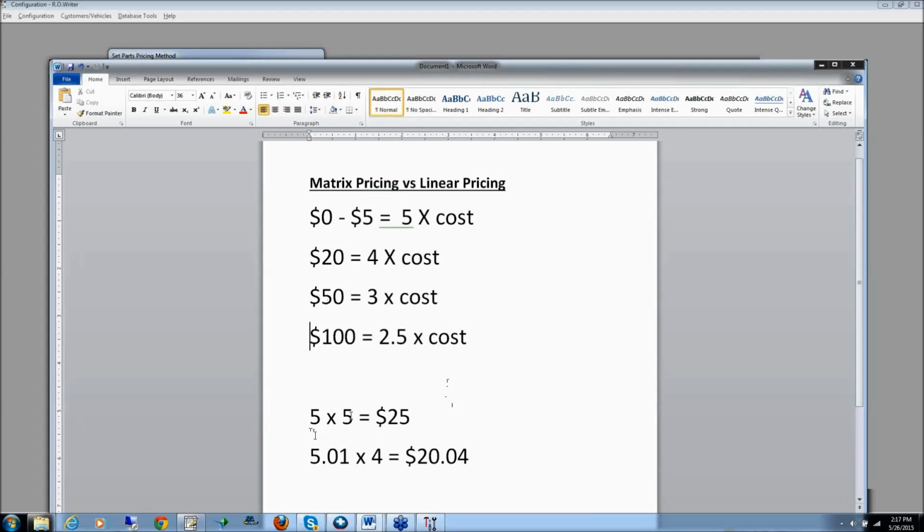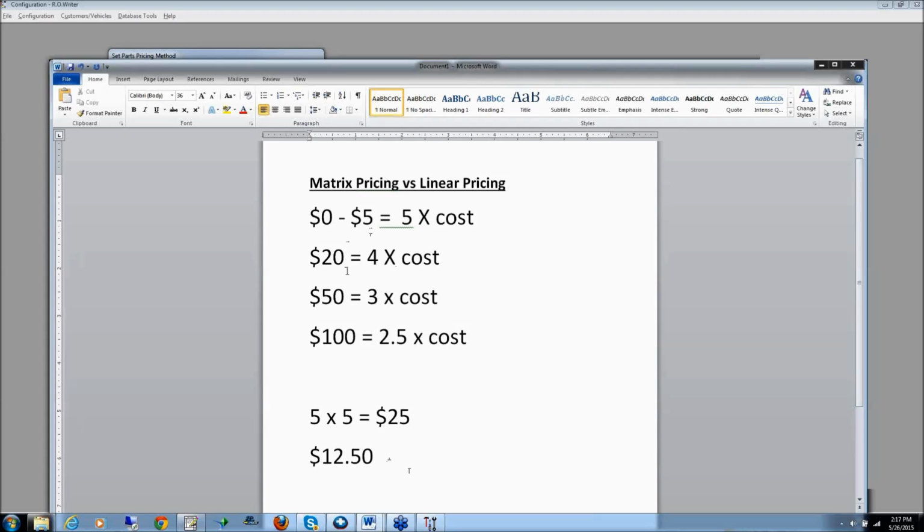So that $5 part still gets multiplied times 5 and costs $25. How about if we had a part that costs $12.50? How are we going to price this? With the old matrix, that would have fallen into my bucket between 5 and 20. We would have marked it up 4 times. It would have sold for $50.